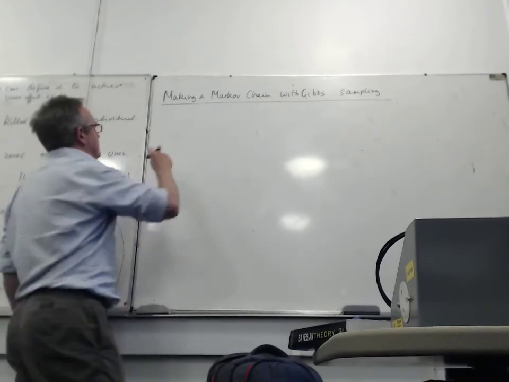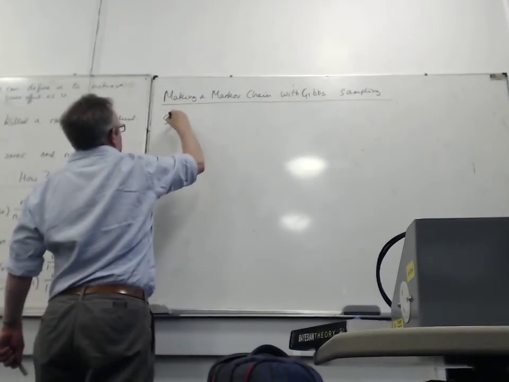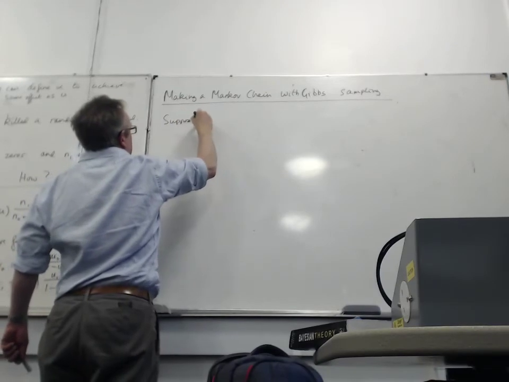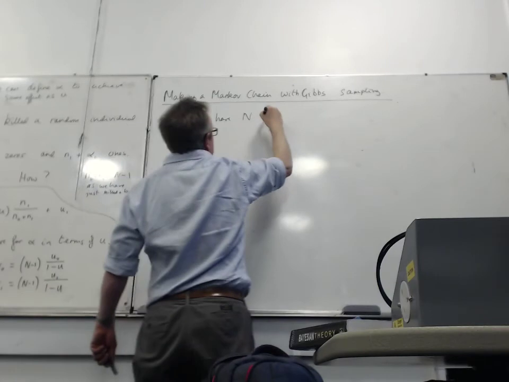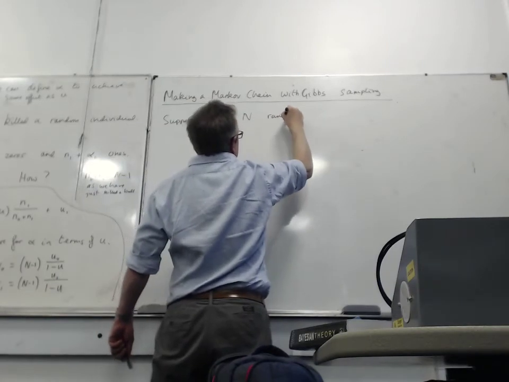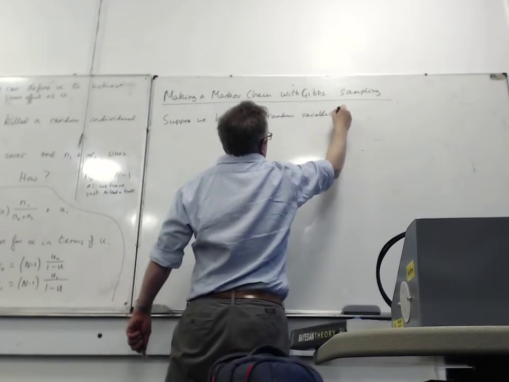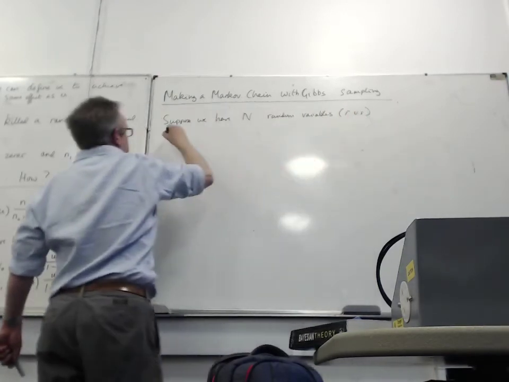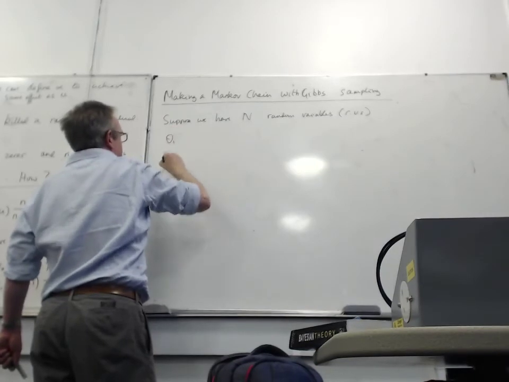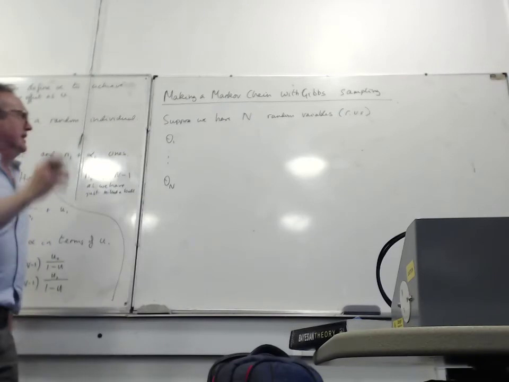Okay, Gibbs sampling. Suppose we have n random variables, and let's just call these things theta 1 to theta n, like our genomes thing here.